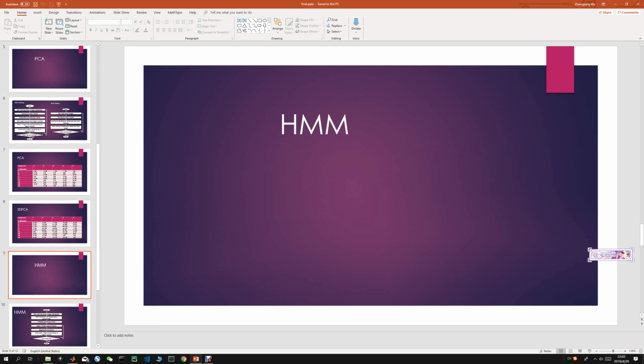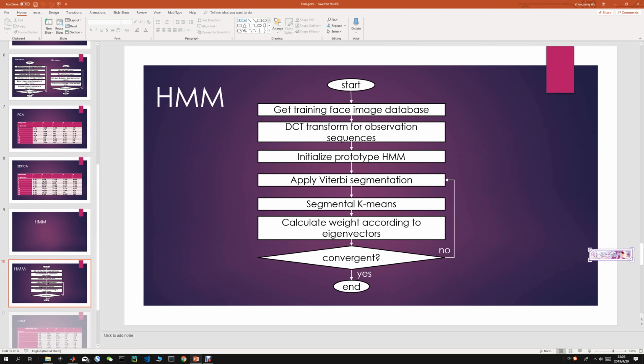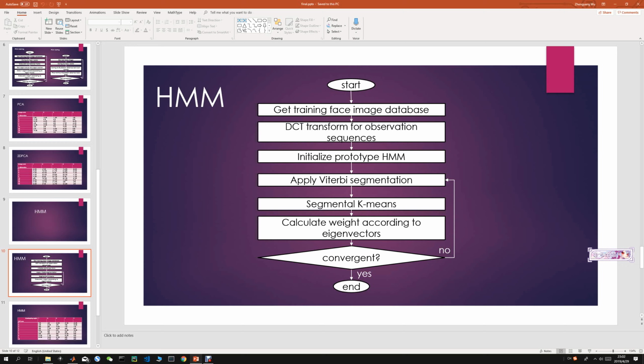Then the Hidden Markov model. The algorithm is shown in the diagram. Of course we first get images, then use DCT transform to get observation sequences. Then we will initialize the parameters in the Hidden Markov model.